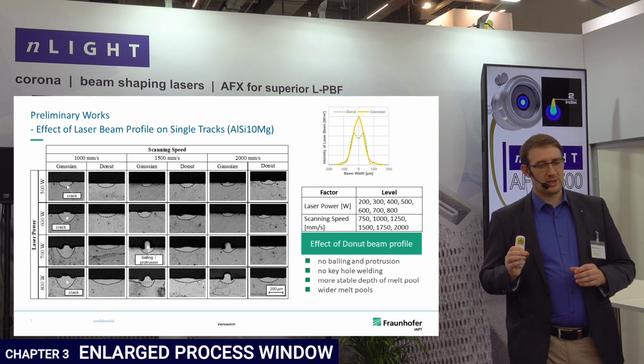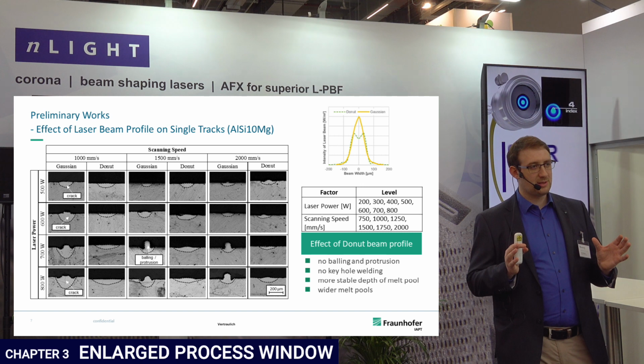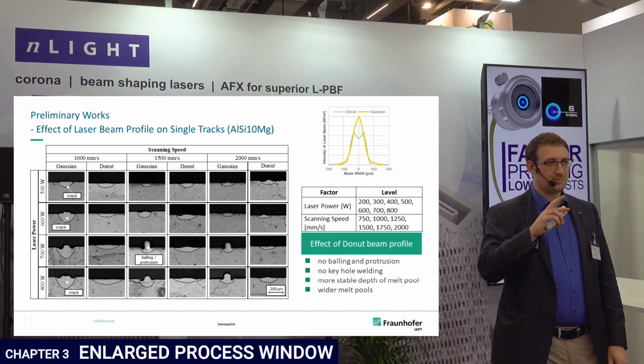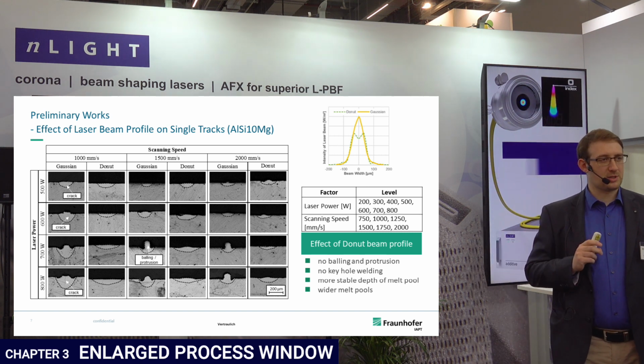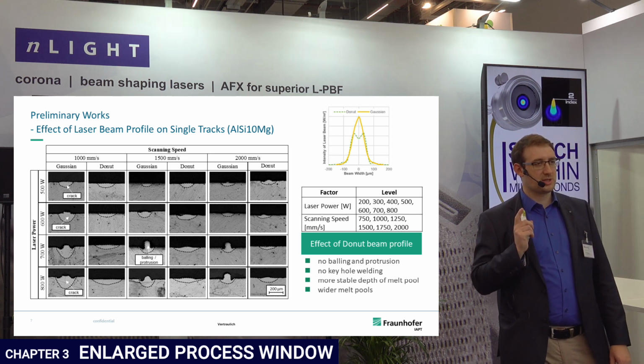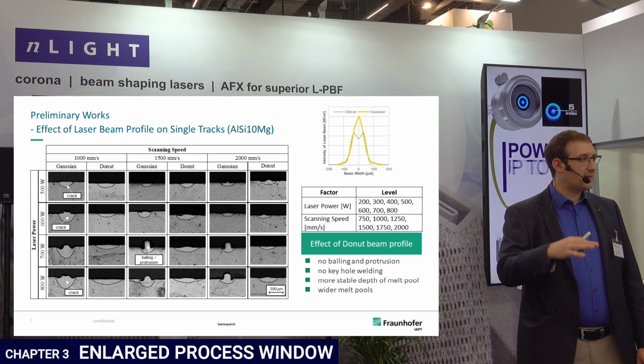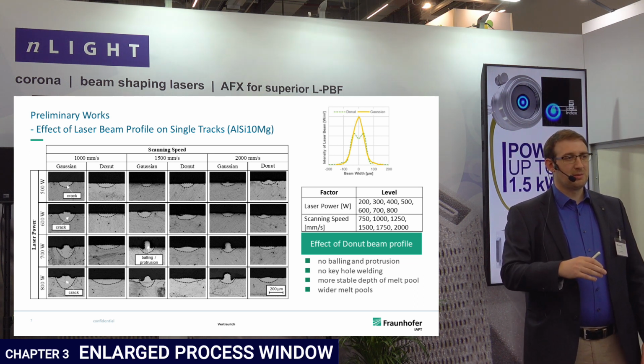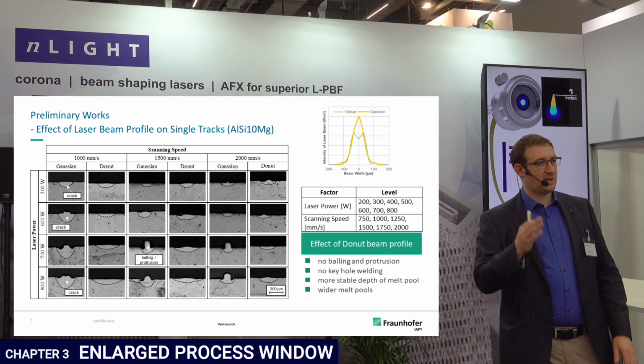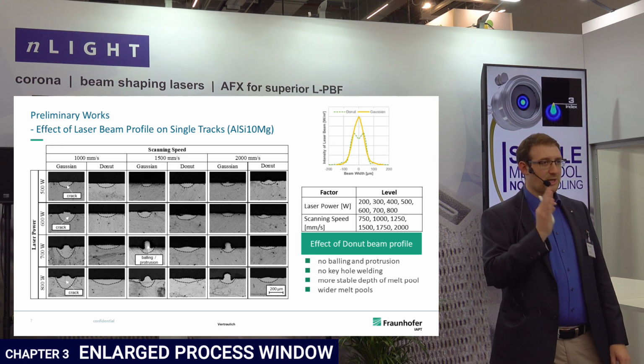Also for the donut profile, the melt pool gets wider but not so deep. This is quite interesting if we are thinking about productivity, because we don't want to melt several layers of powder again and again, but we want a wide melt pool so we have fewer hatches.